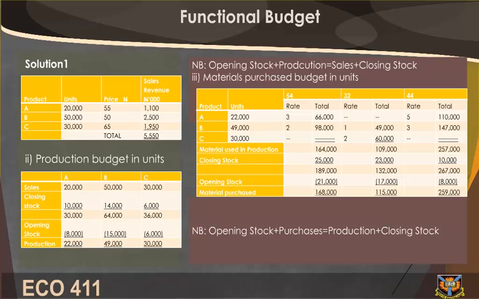The solution is shown below. Note that opening stock plus production equals sales plus closing stock.